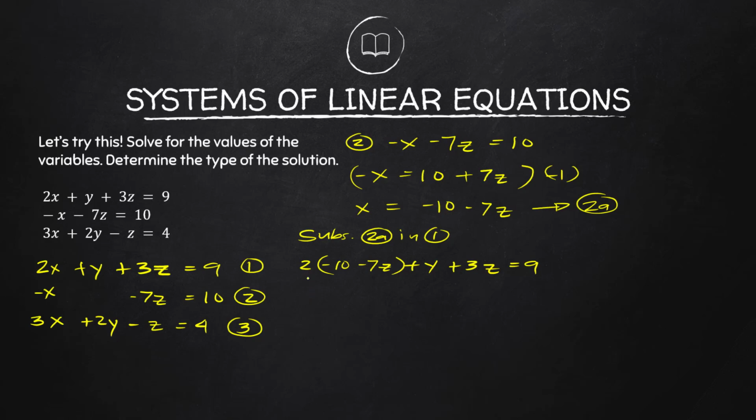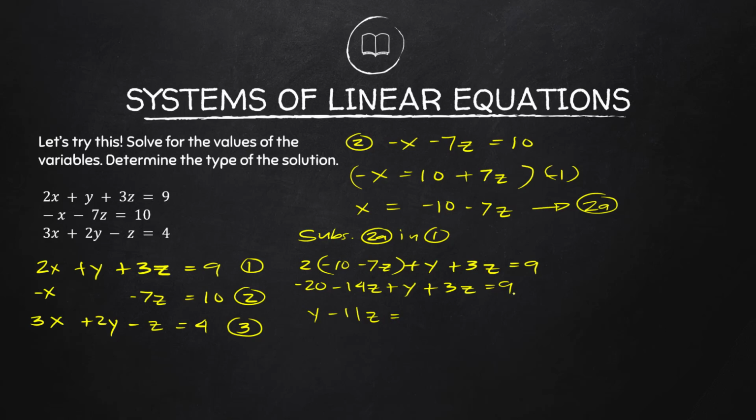Distributing positive 2, we have here negative 20, negative 14z plus y plus 3z equal to positive 9. Let's copy y, and then negative 14z plus 3z is equal to negative 11z.